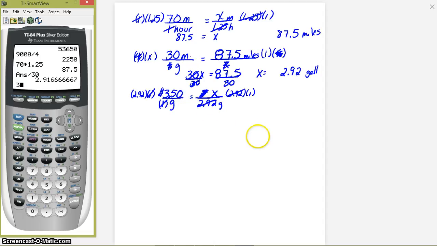So 3.50 times 2.92. Don't forget your decimal. Cool. So she spends $10.22.